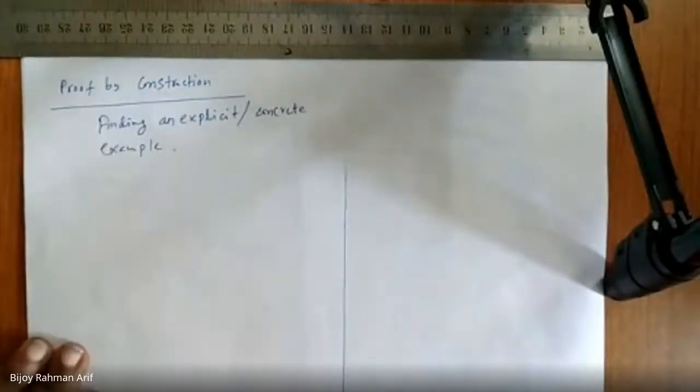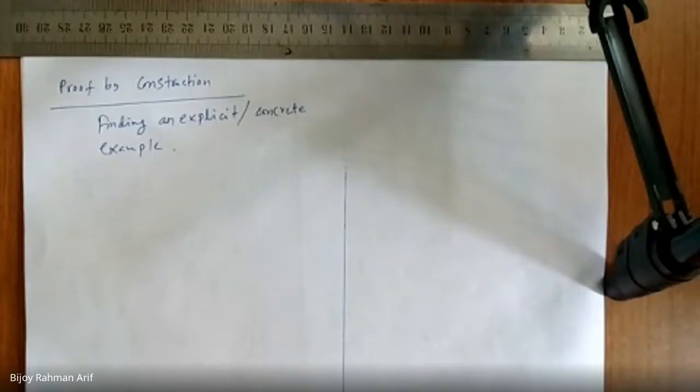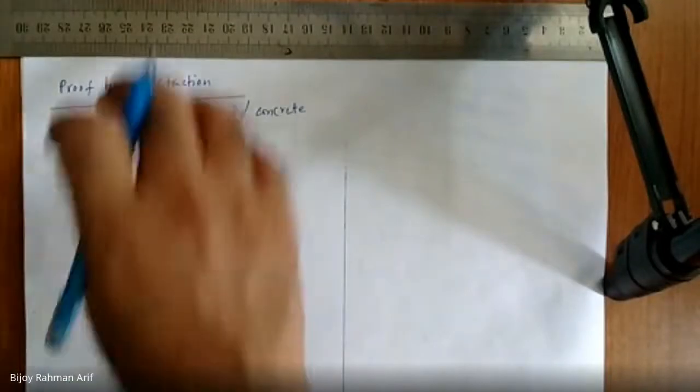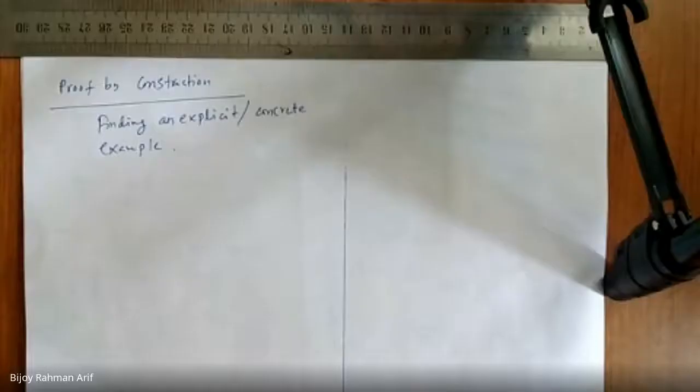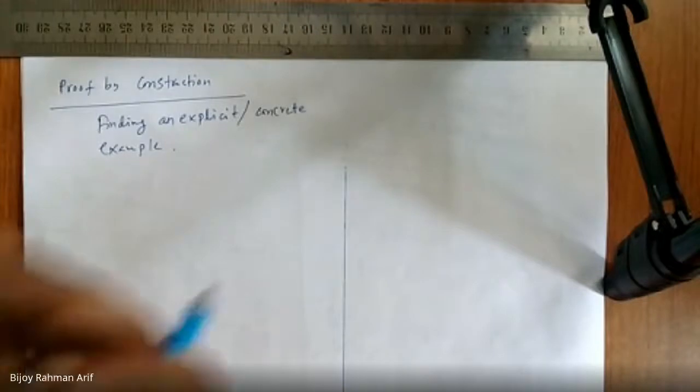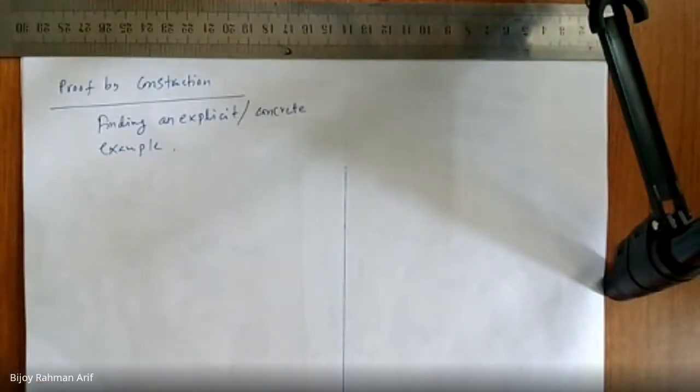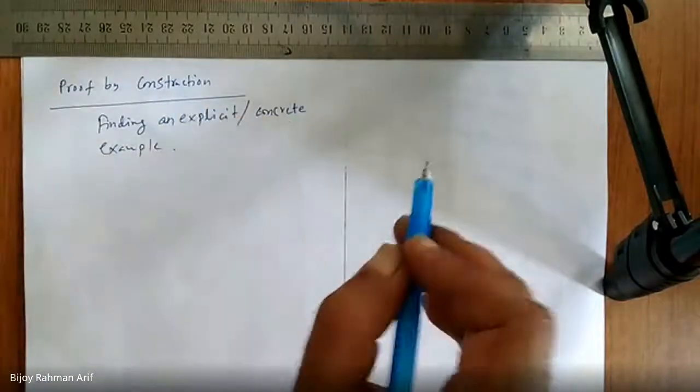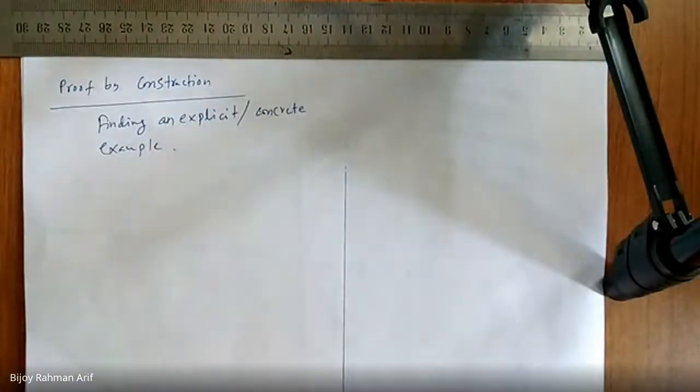So in this case, we are trying to find an explicit or concrete example. So remember, proof by contradiction, contrapositive, induction, direct, those are very versatile proof techniques. Almost anywhere you can use these proof techniques interchangeably. But construction and non-construction are very special case proof techniques. Not everywhere you can use them.